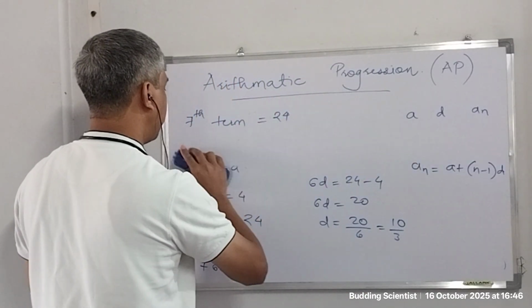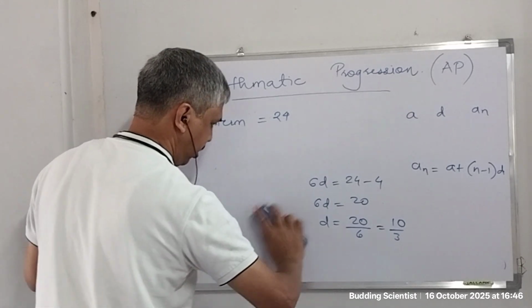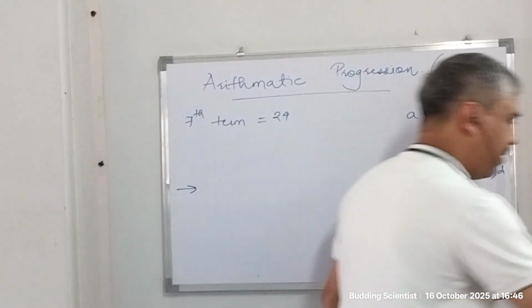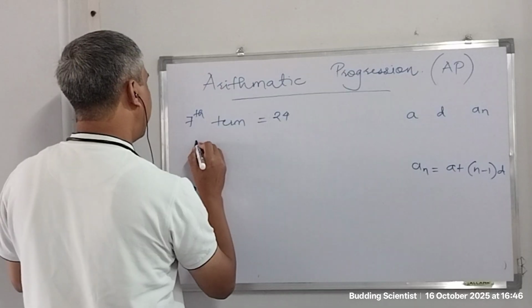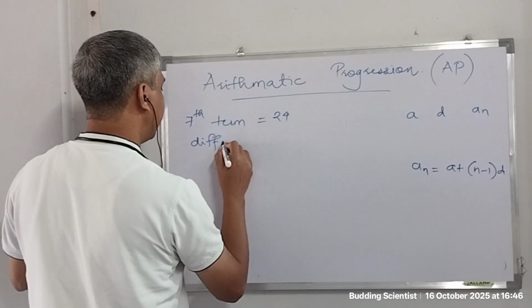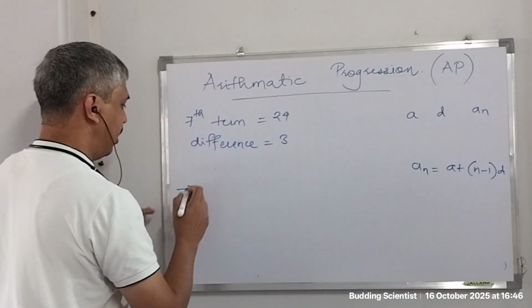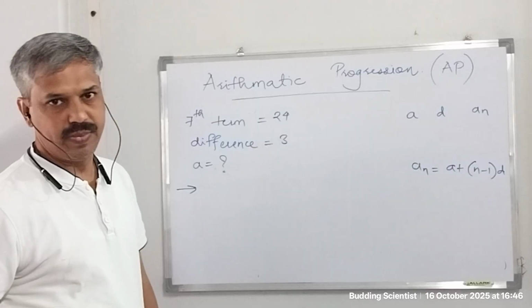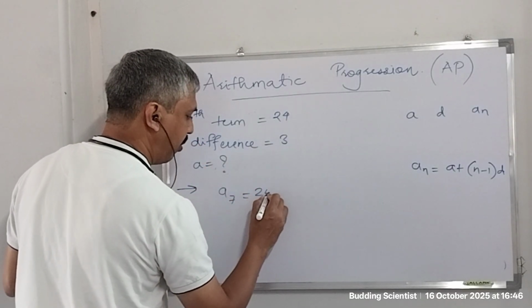Supposedly, we'll stick to this. Seventh term is 24 and the difference, common difference, D is equal to 3. Calculate the first value, calculate A. Now the 7th term A7 is equal to 24.